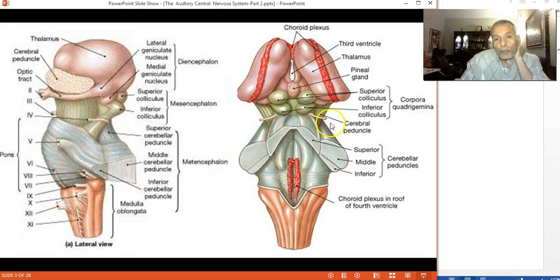So the plan is not to go too deep into the anatomy, but to give you some kind of a comprehensive yet abbreviated description of how the process of auditory processing goes.